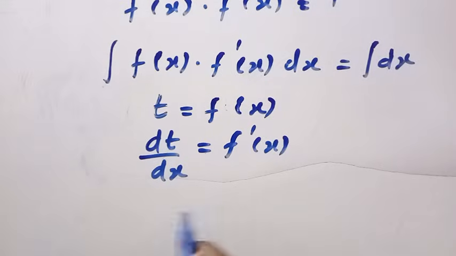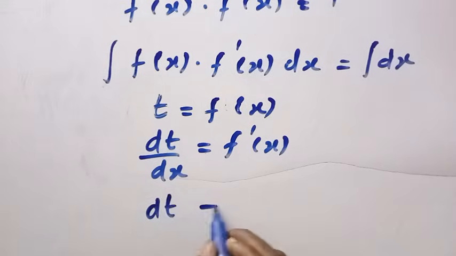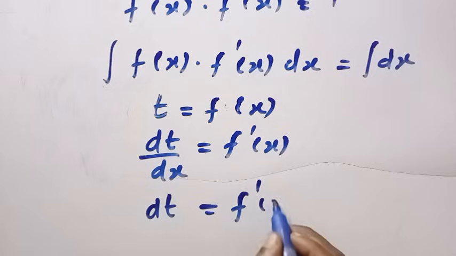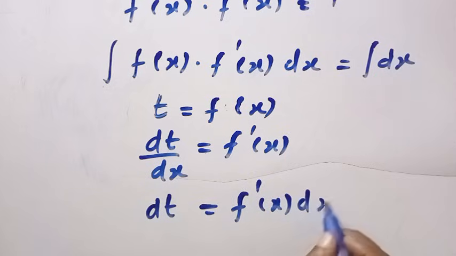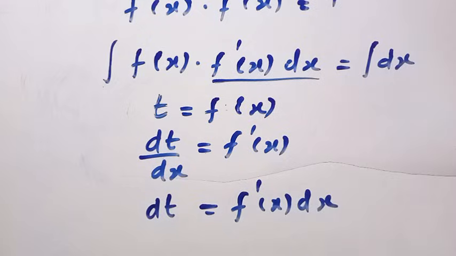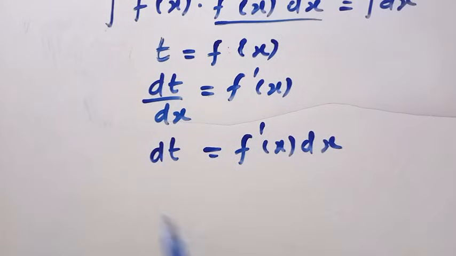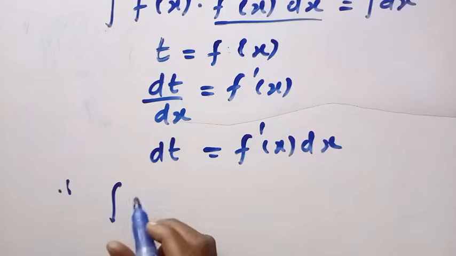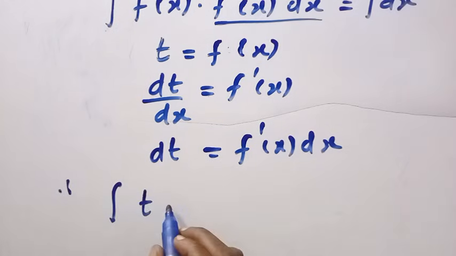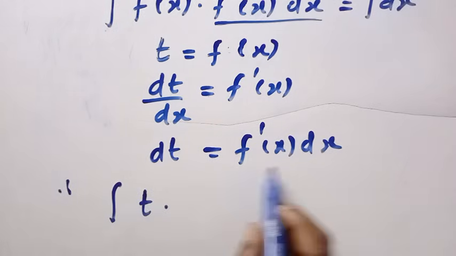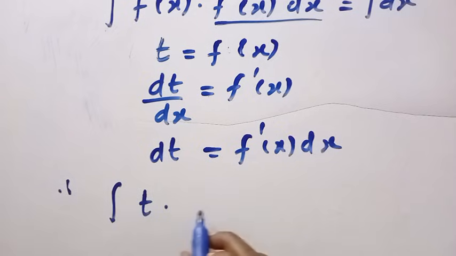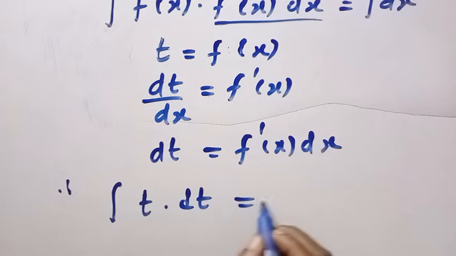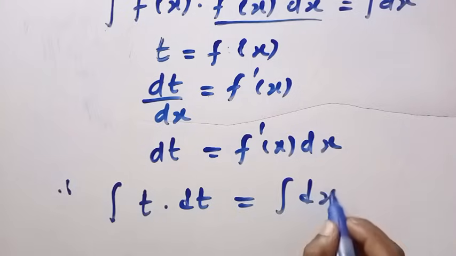And by cross multiplying, we have dt equals f prime of x multiplied by dx. So by replacing them, we have the integral of, instead of f of x, t multiplied by f prime of x dx, which becomes dt, equals the integral of dx.